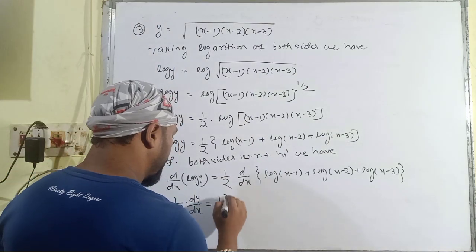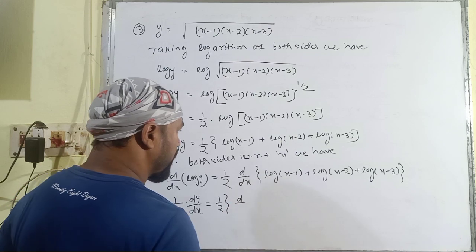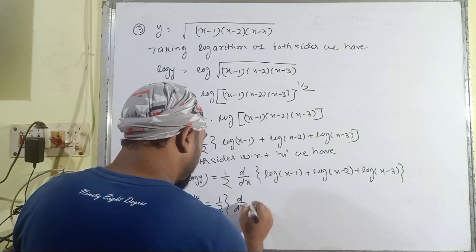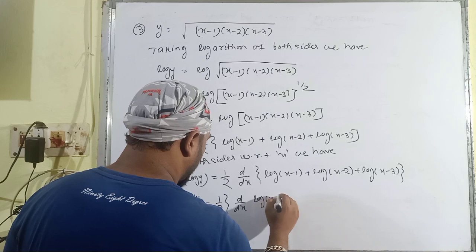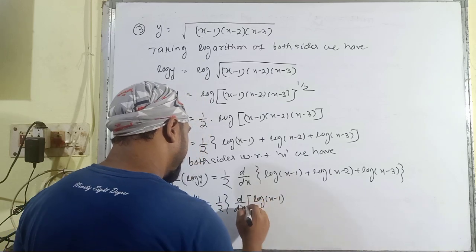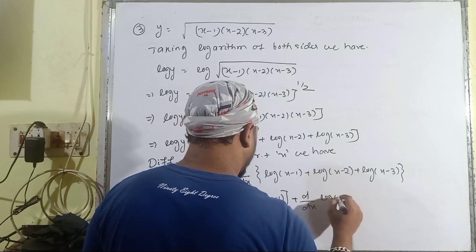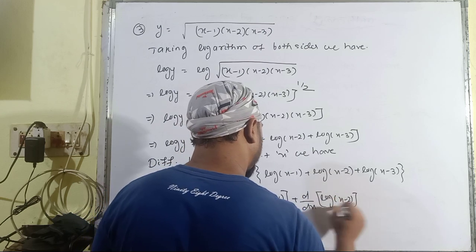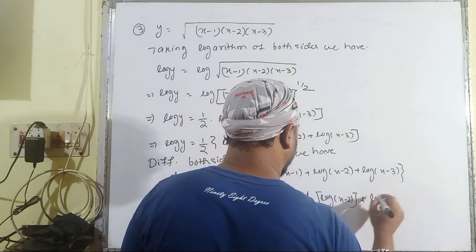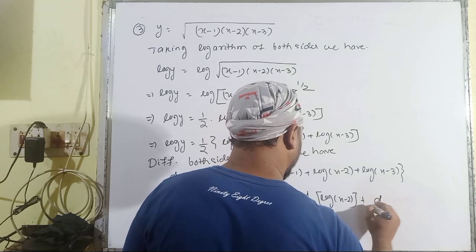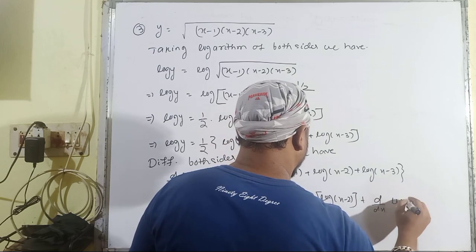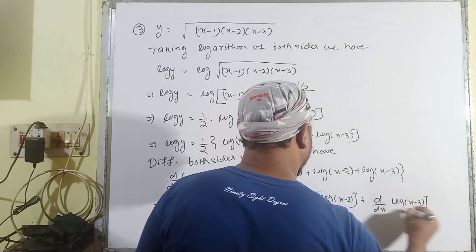It is half of the differentiation of log(x-1), plus the differentiation of log(x-2), plus the differentiation of log(x-3).